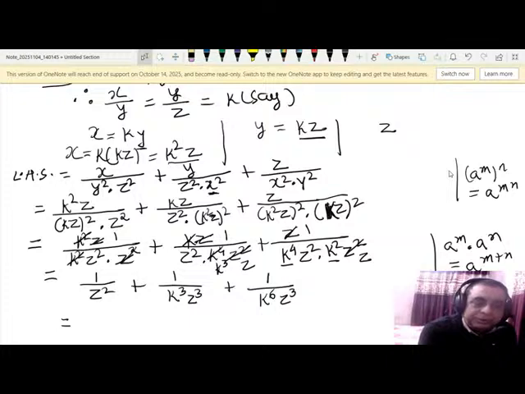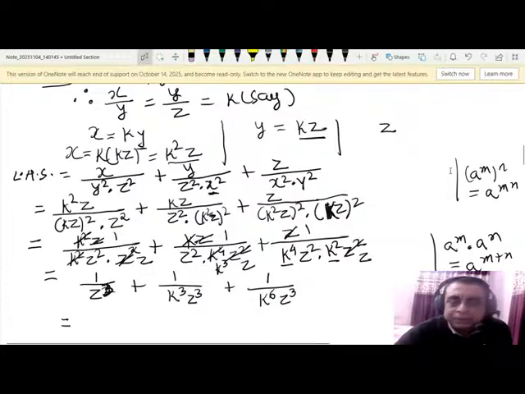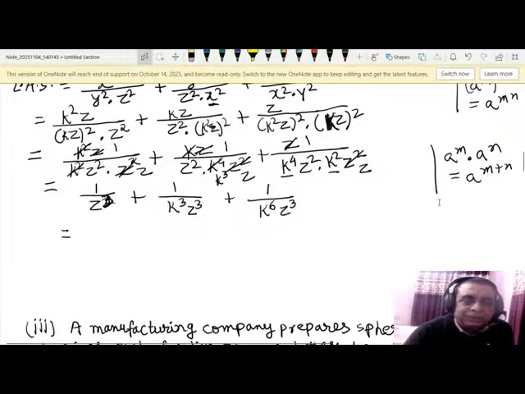That was z squared. Cut here, you get z here. So here it becomes z cube. Because there was z squared, I by mistake wrote z. So z squared is there. So dividing z and z squared with z, we get z here. So z times z squared is z cube.